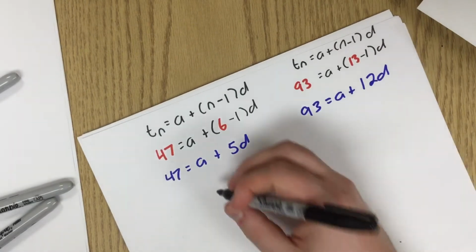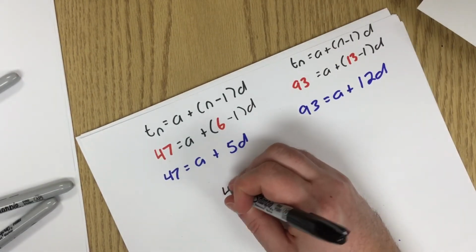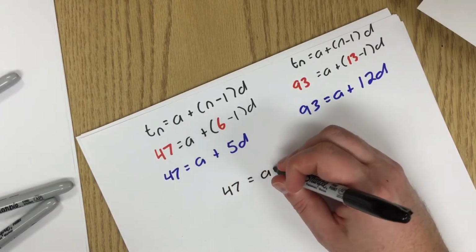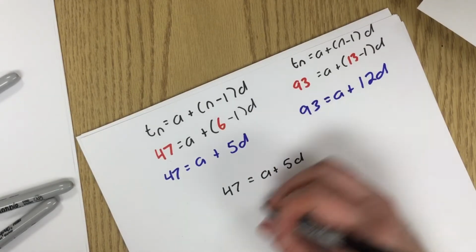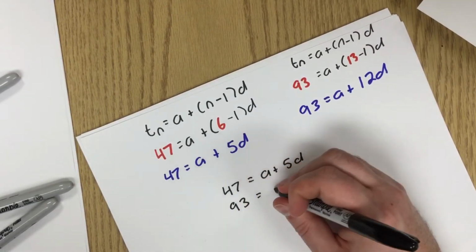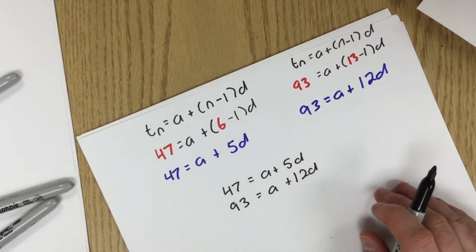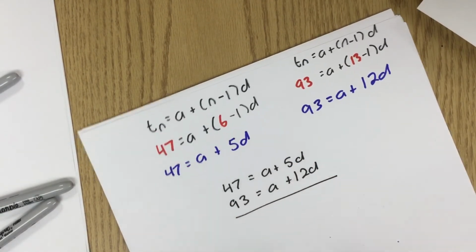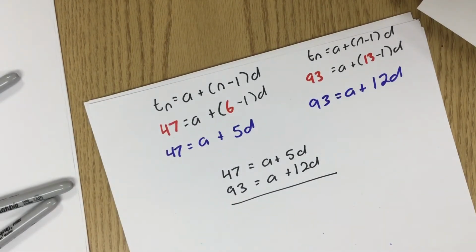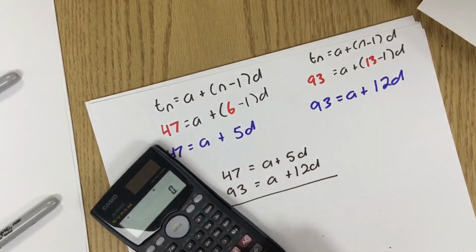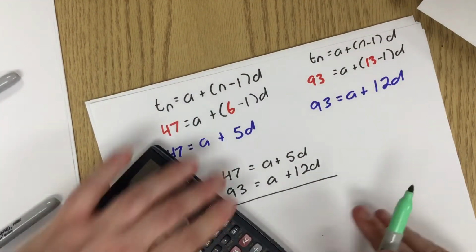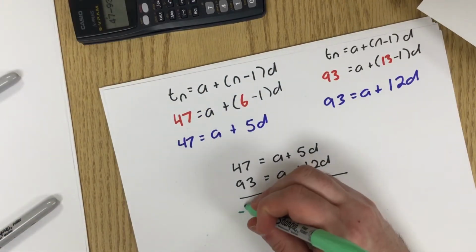So we're going to have 47 equals A plus 5D, 93 equals A plus 12D, and this is actually beautifully set up for subtraction. So we could do this equation minus that equation. And then what that gives us is 47 minus 93 is negative 46.